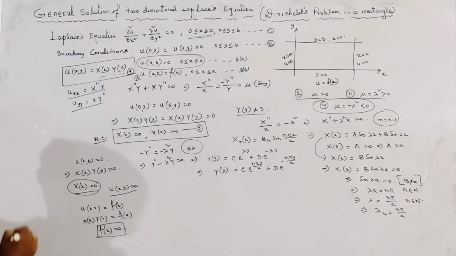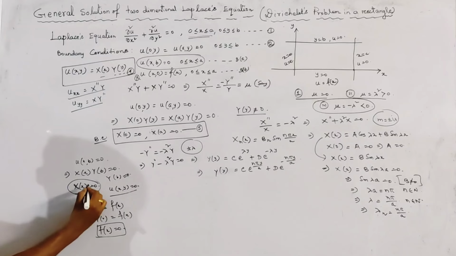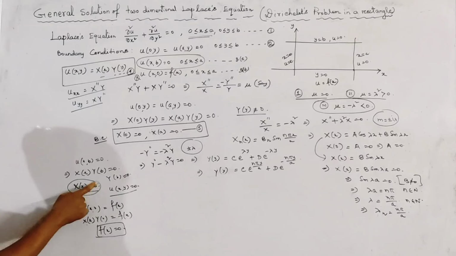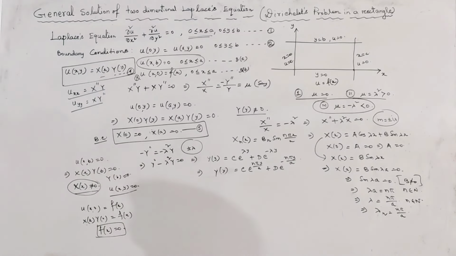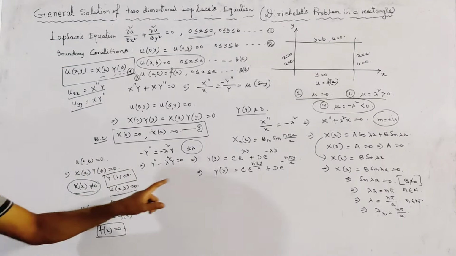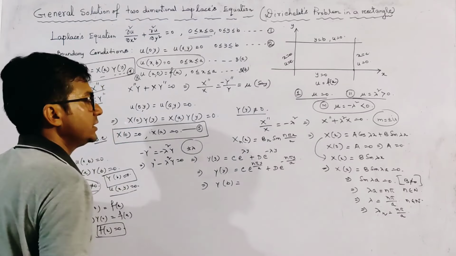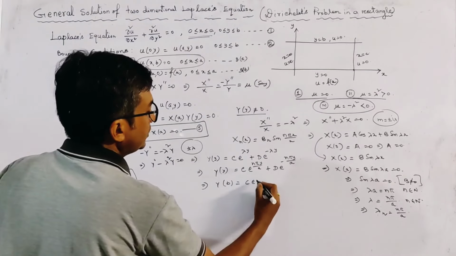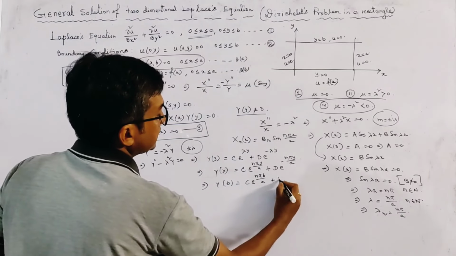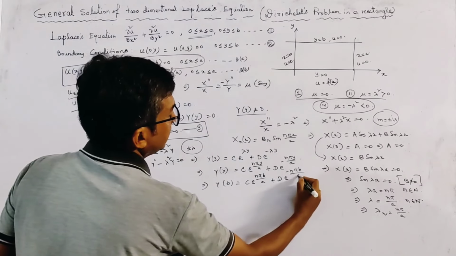So we take Y(b) equal to 0 and X(x) not equal to 0. We use this condition Y(b) equal to 0 here, and get the relation Y(b) equal to C into e to the power nπb by a plus D into e to the power minus nπb by a.